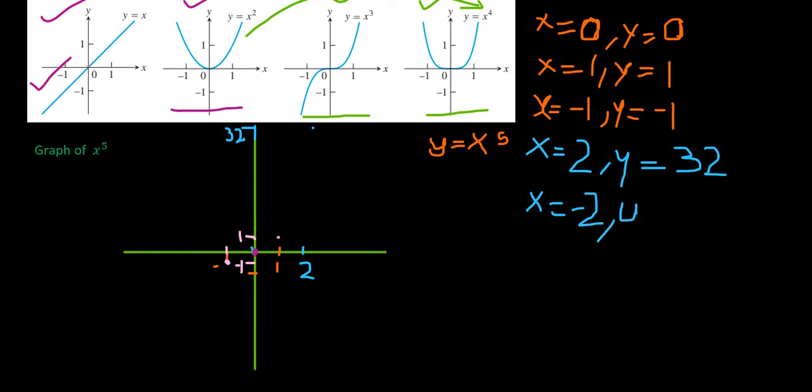Again you can see that we have a negative value in the y as well, that is minus 32. Suppose we have minus 2 over here, so minus 32 on the y-axis will be over here. So now we can join our points to see the graph.